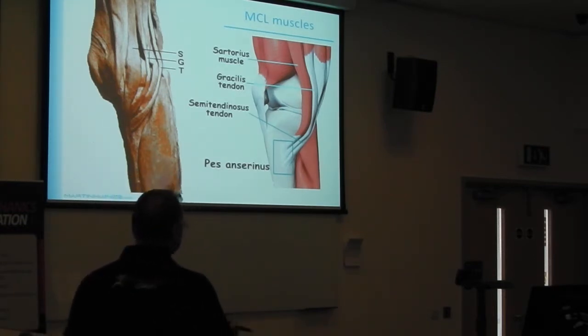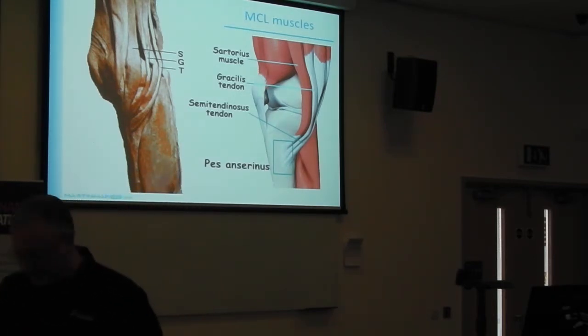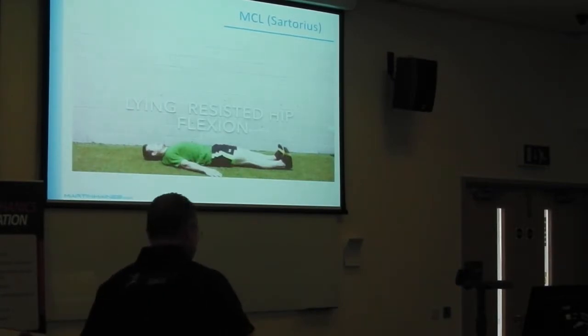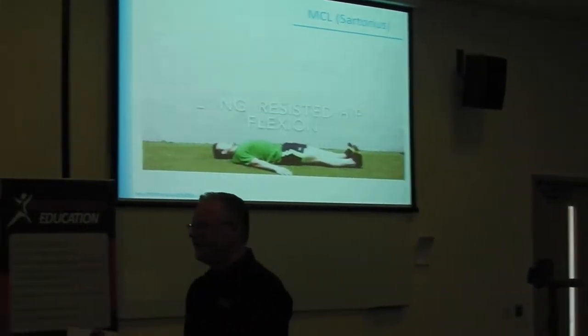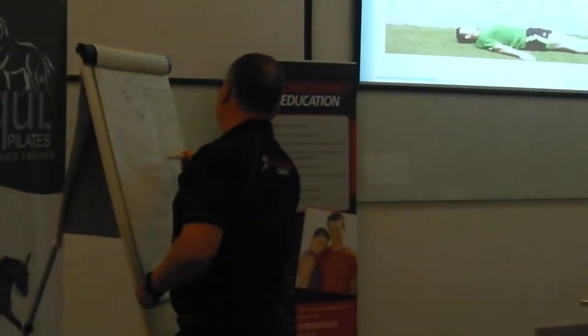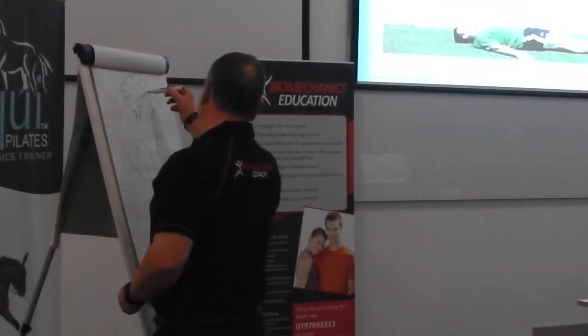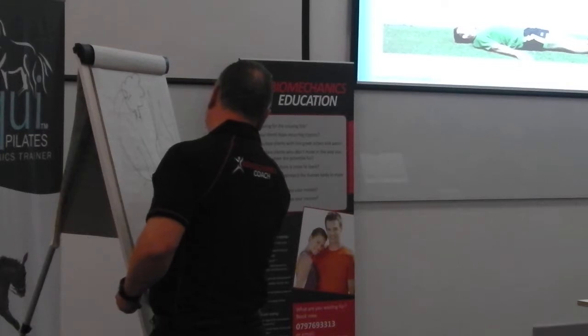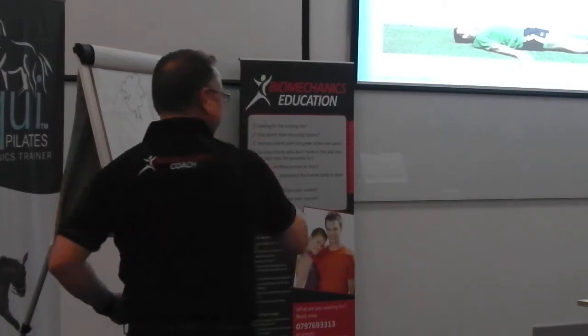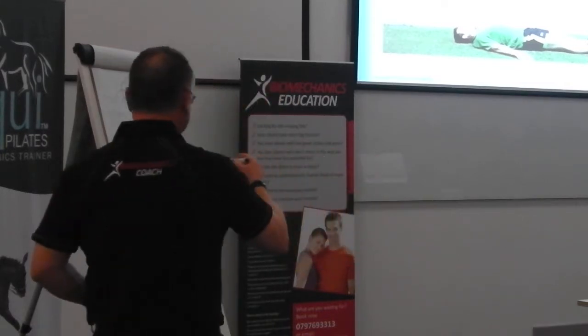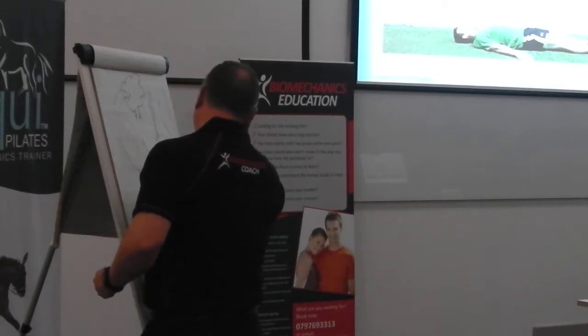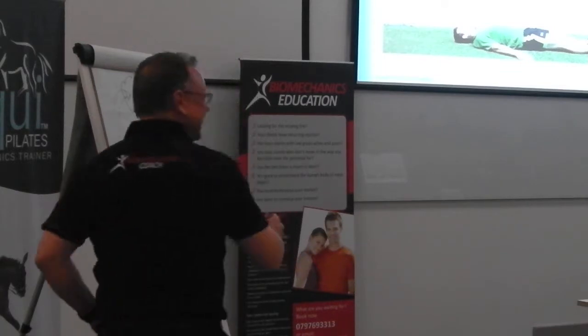Semimembranosus. I was taught when I went to college that semimembranosus went down the back of the knee, down the semimembranosus groove, and then went up and blended with the back of the capsule.